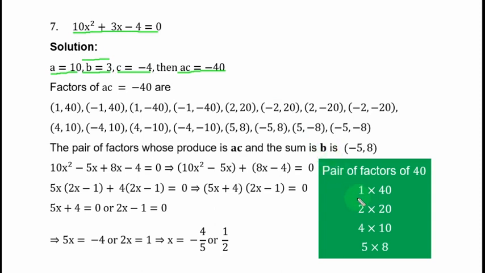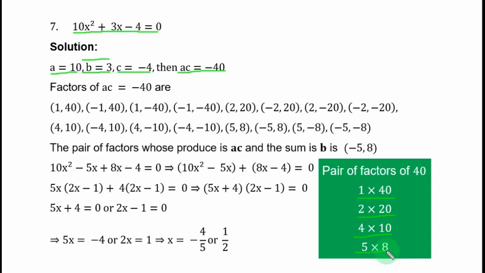So you have 1 times 40, 2 times 20, 4 times 10, and 5 times 8. When you adjust them by assigning the first number negative, the second number positive, then the first number positive and the second number negative, both numbers positive, both numbers negative.